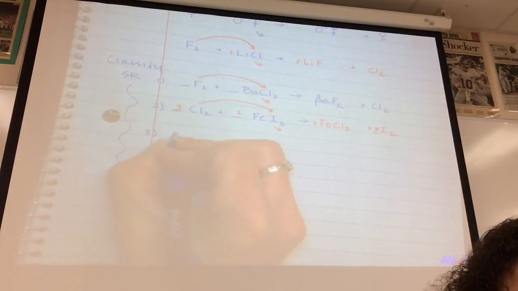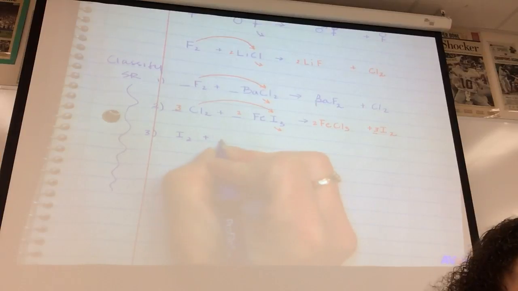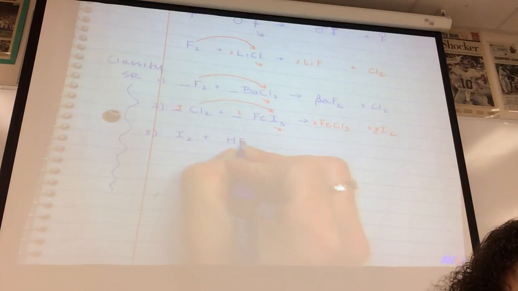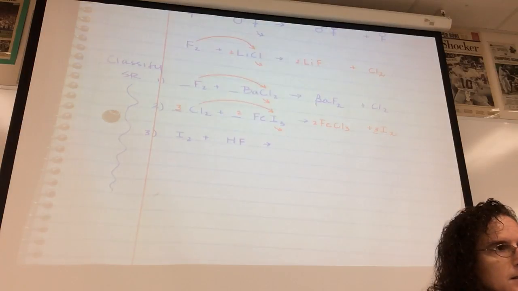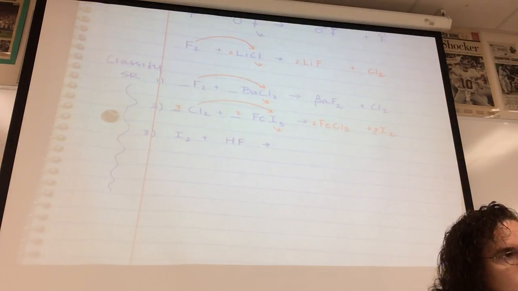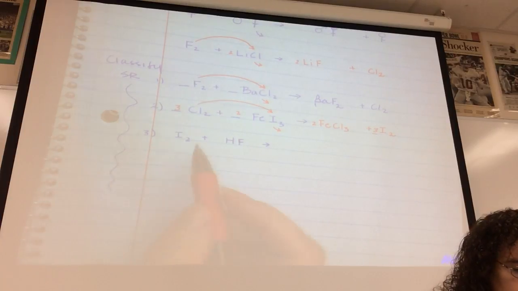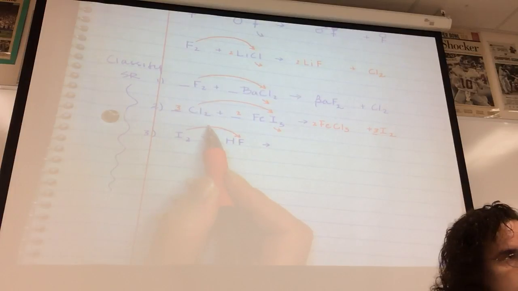In the next one, I have iodine plus hydrofluoric acid. And what do I test, Trey? To see if you said iodine. Yes. Iodine is higher than the fluorine. Is it? Oh, wait.